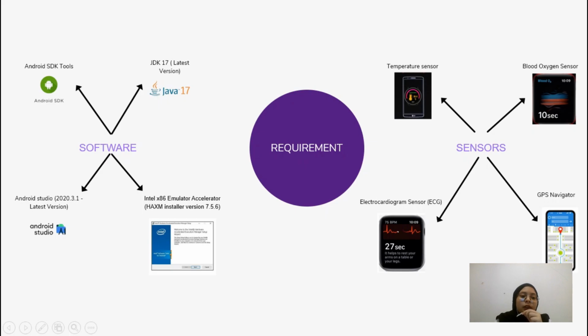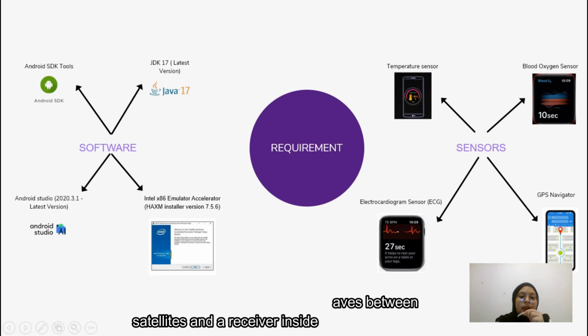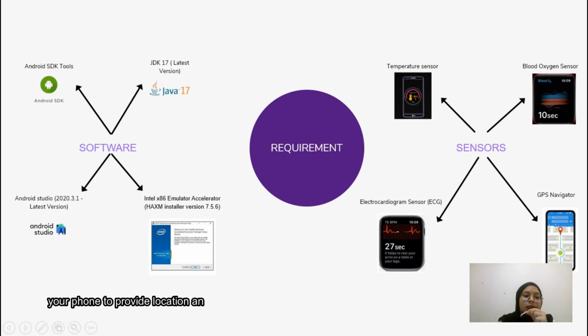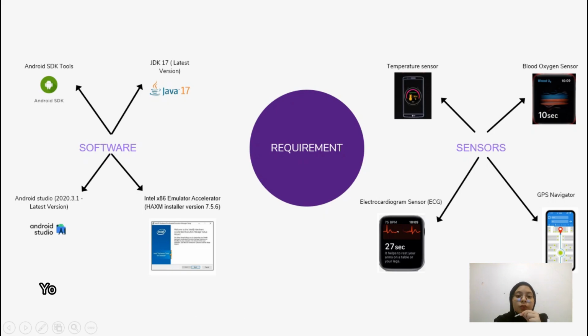Okay. The last sensor that we implement in our coronavirus detection apps is GPS navigator. GPS is a radio navigation system. It uses waves between satellites and a receiver inside your phone to provide location and time information to any software that needs to use it.